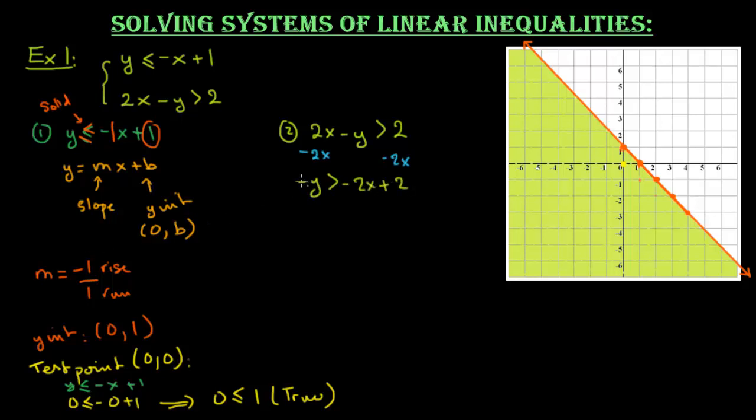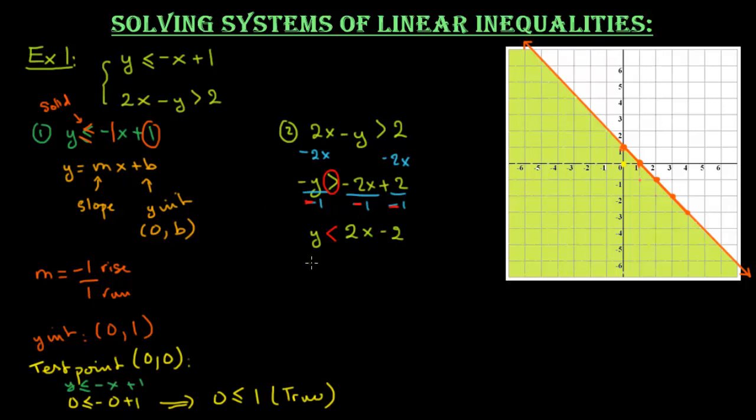Then to get rid of the negative, I can divide by negative 1 on both sides. Since we divide by a negative number, we have to flip the inequality sign to the opposite one. Then we have y less than 2x minus 2.